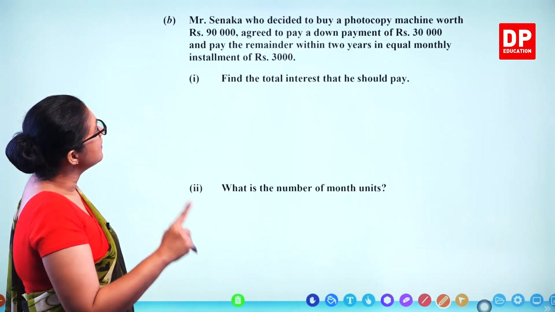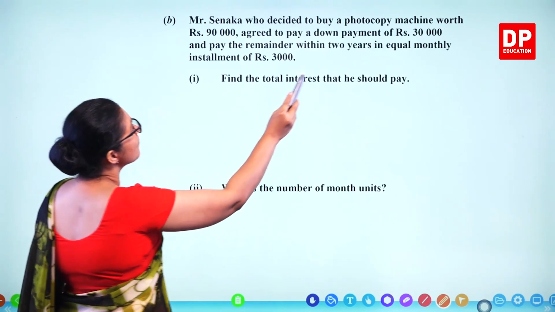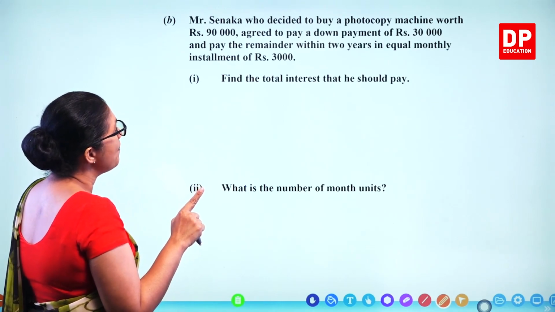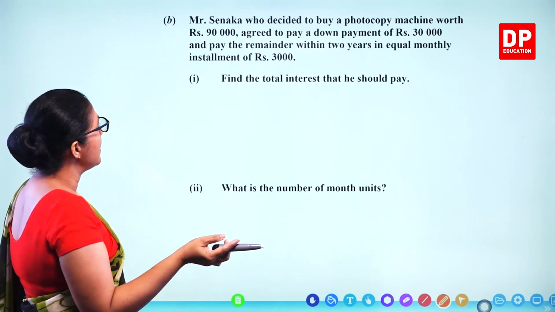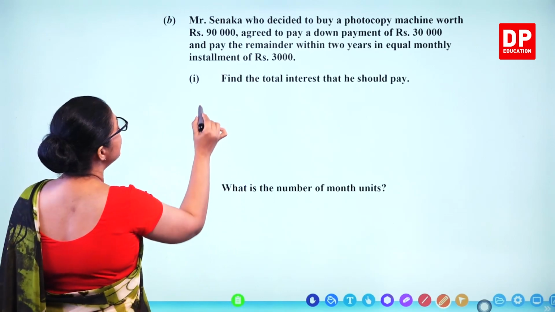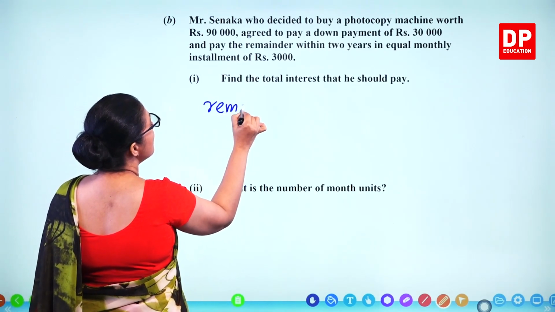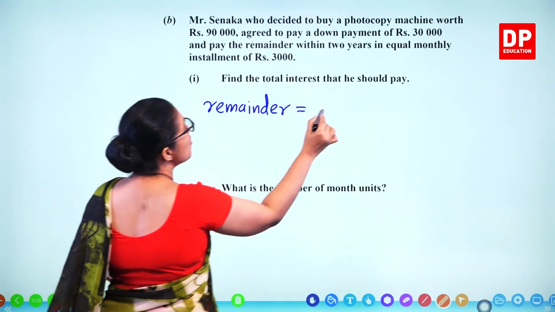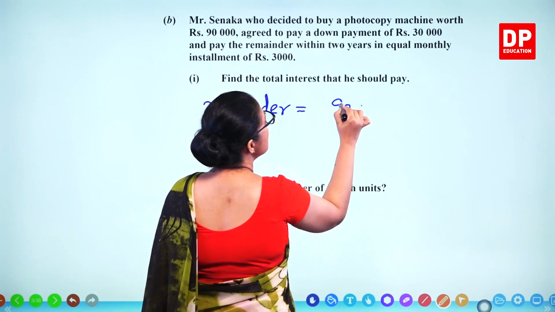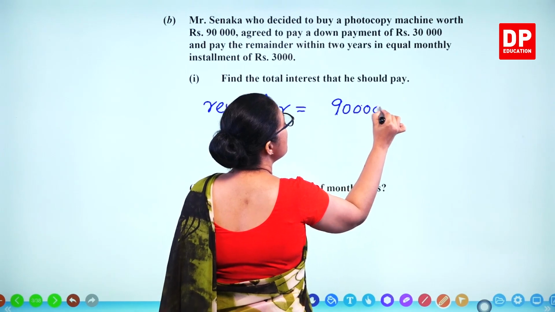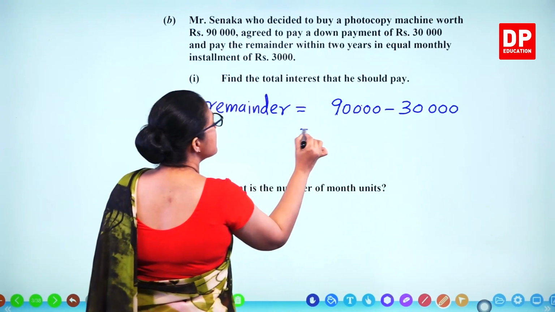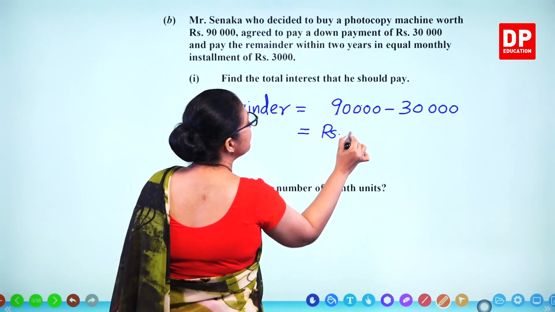So the down payment, 30,000, is already paid. So what's the remainder? The remainder is 90,000 minus 30,000 rupees. That's 60,000 rupees.